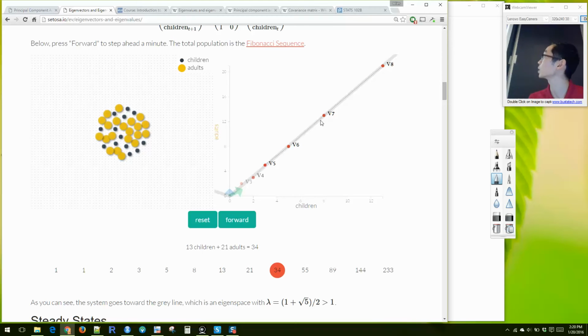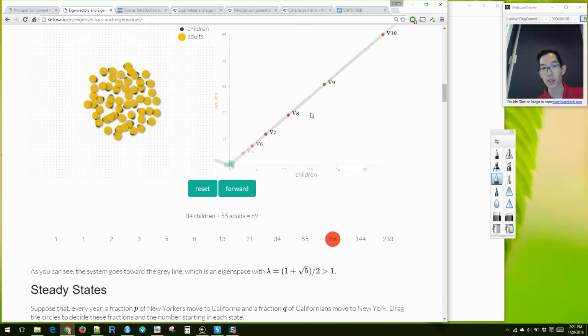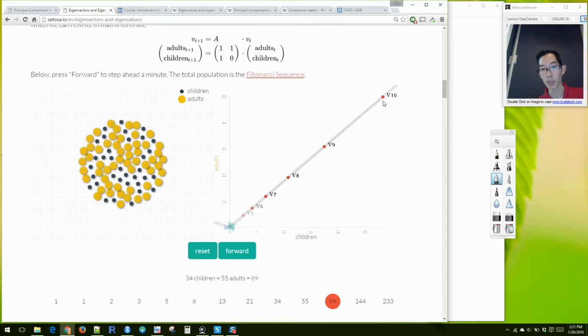What's happening? Each of the sequence here, V1, V2, V3, V4, all of these results are starting to line up right along this gray line.